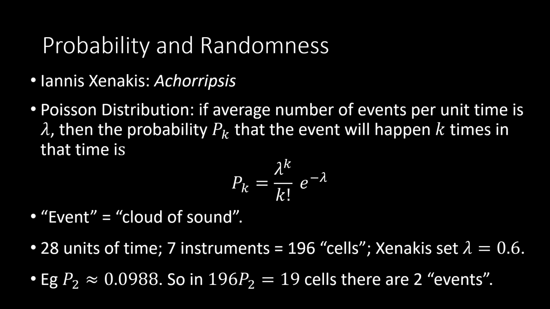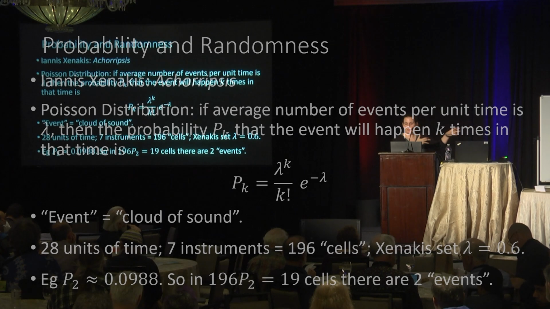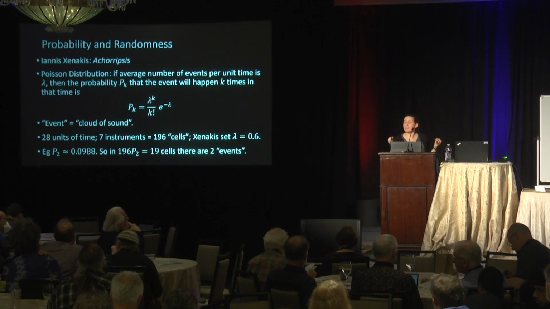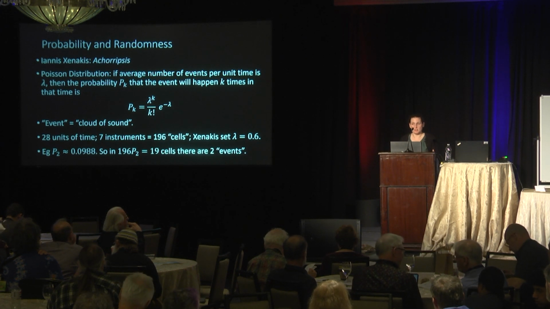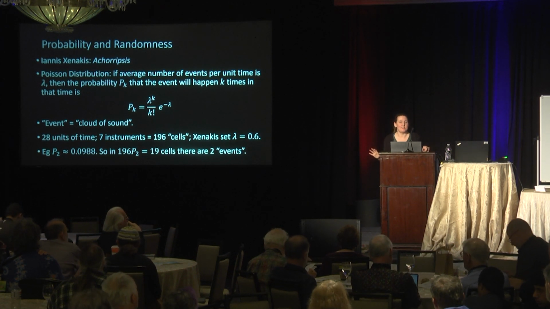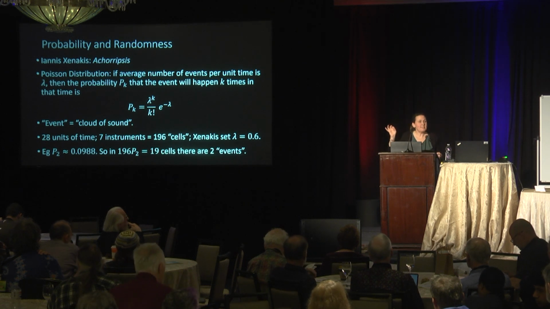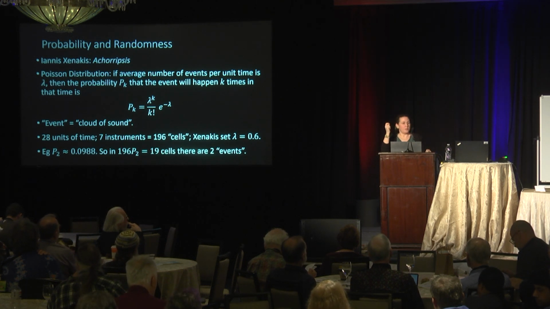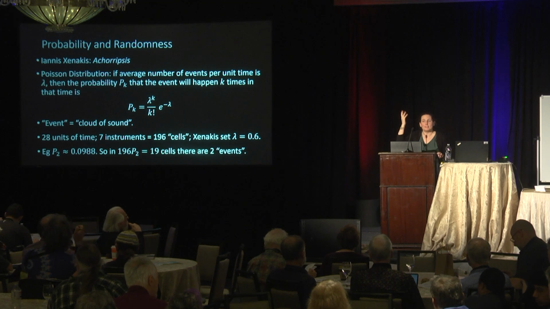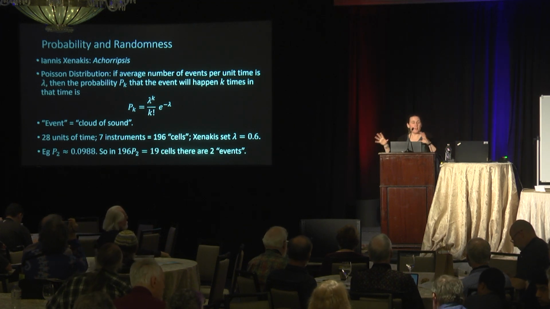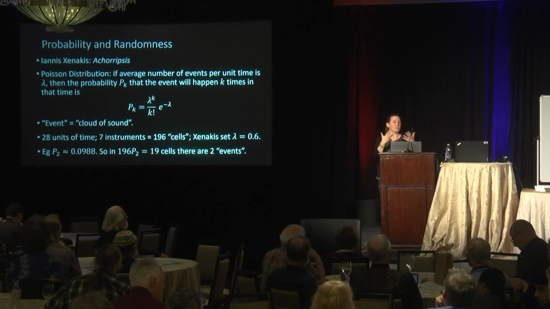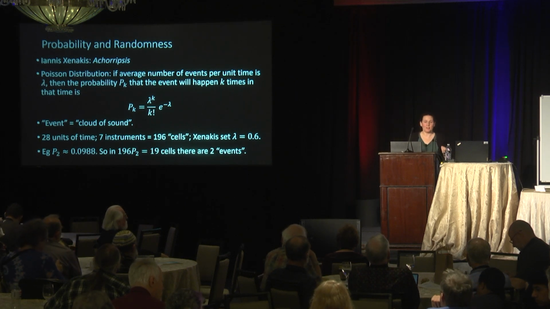So 196 times that number is about 19, so in 19 of these cells, there are 2 events. That's how he's using this distribution. He says it's going to be exactly this distribution. So in 19 of the cells, there'll be an instrument playing twice, 2 notes. That's how he's precisely laid out the parameters for this piece of music, and then within that, of course, he still gets a lot of choice to be creative.